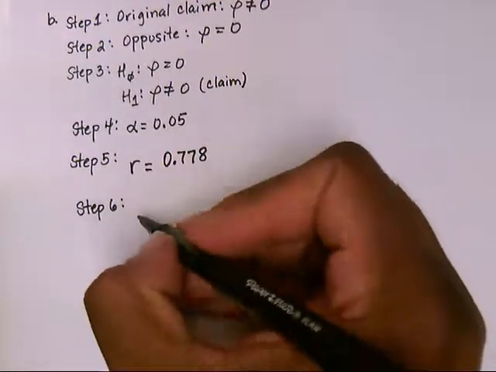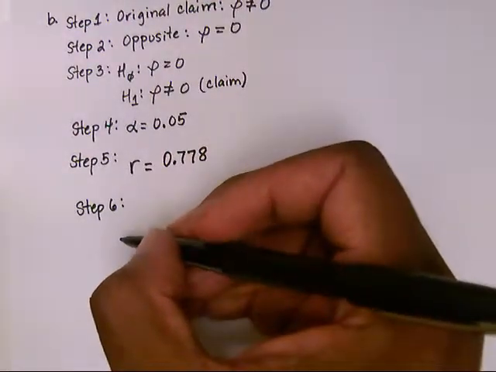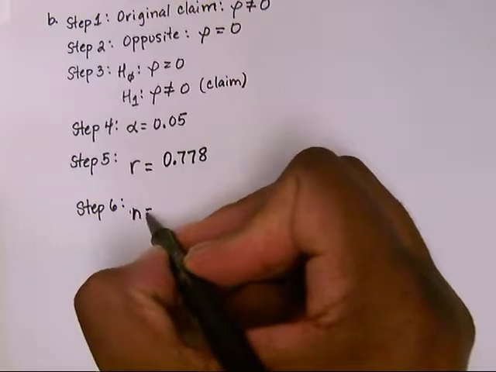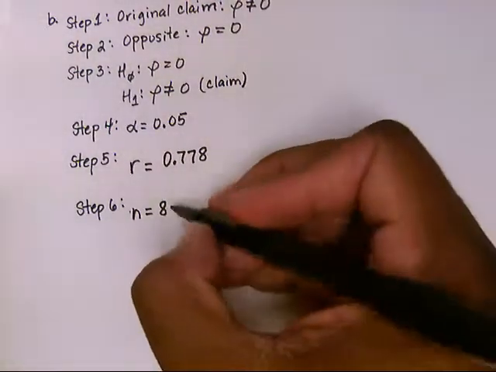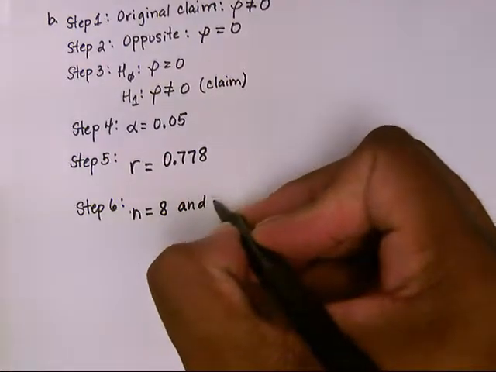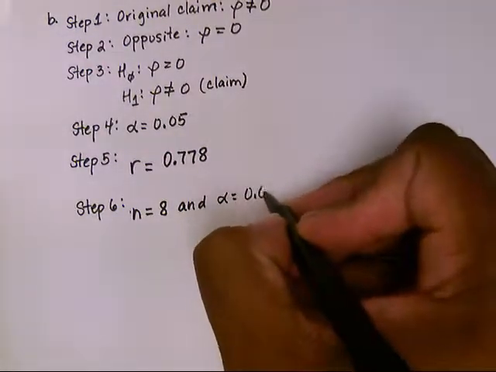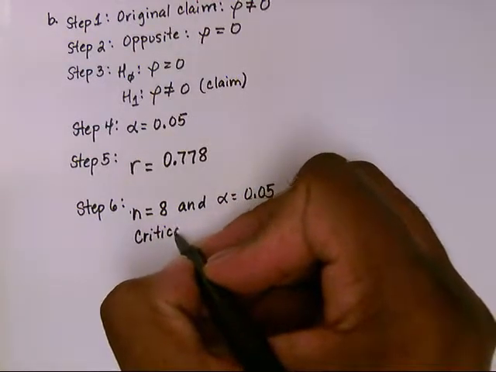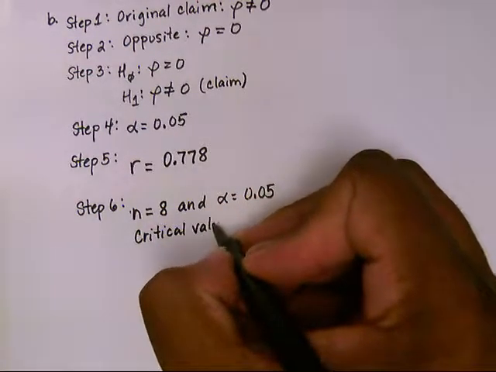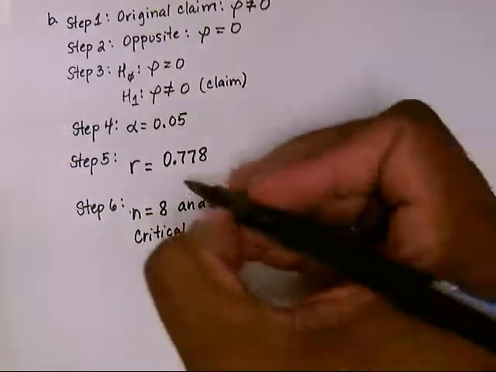And now step number 6 is finding that critical value. In this case, we have 8 paired data values, so n is equal to 8. And that alpha level is 0.05. And that's where we use table A-6 to find the critical value.